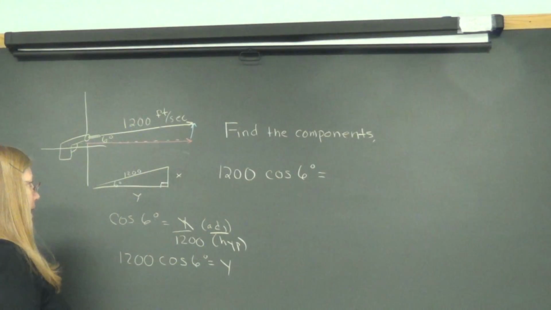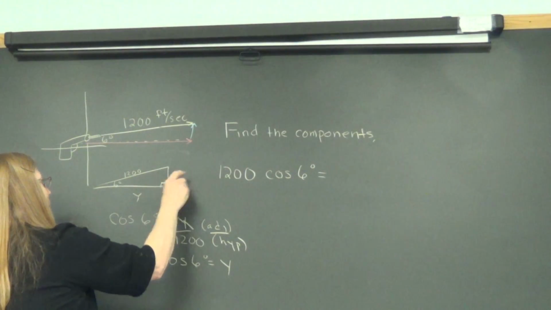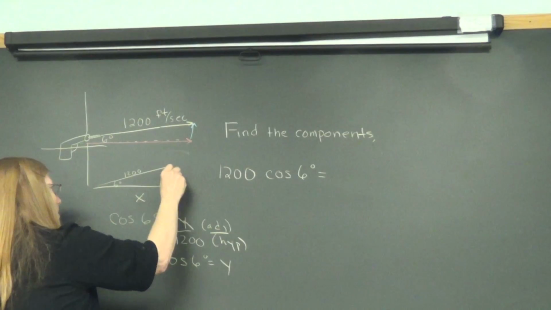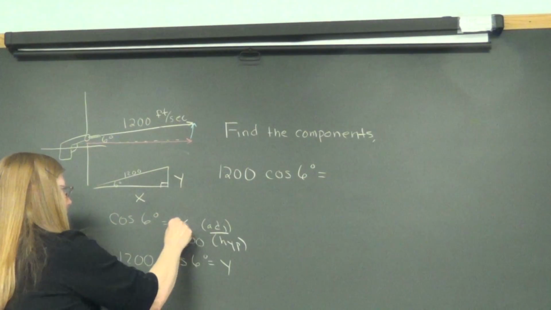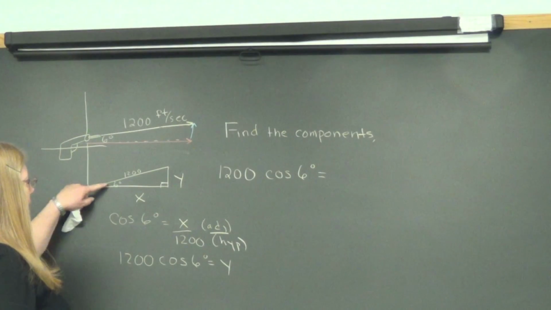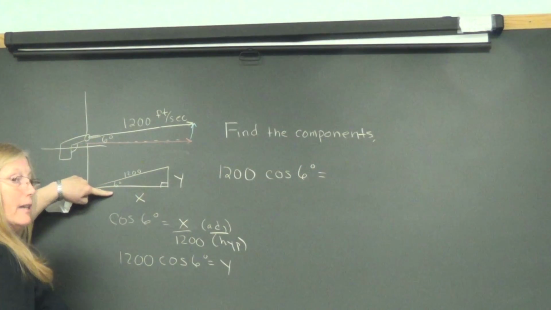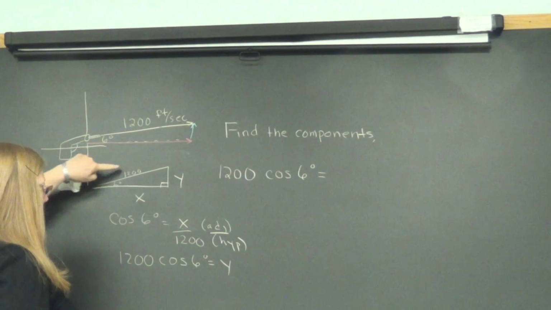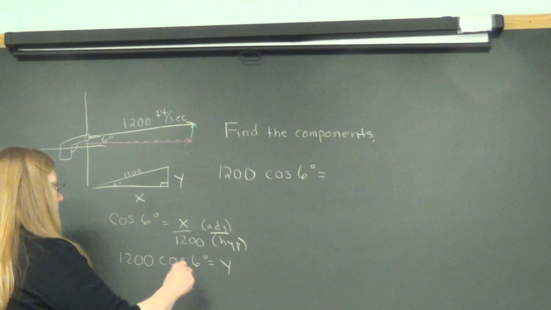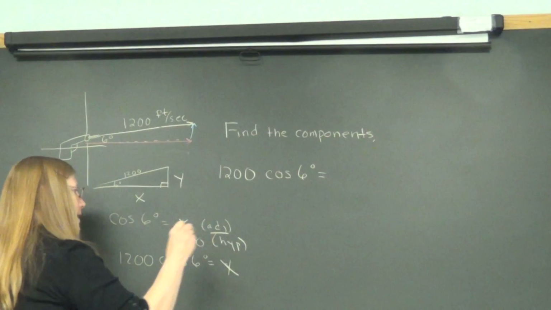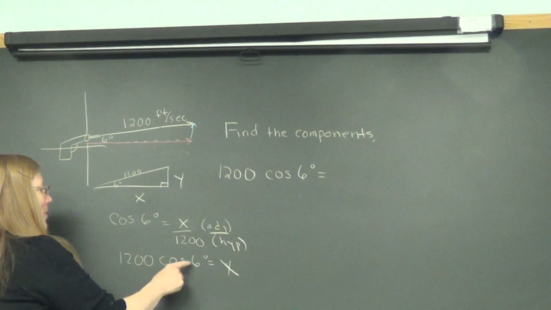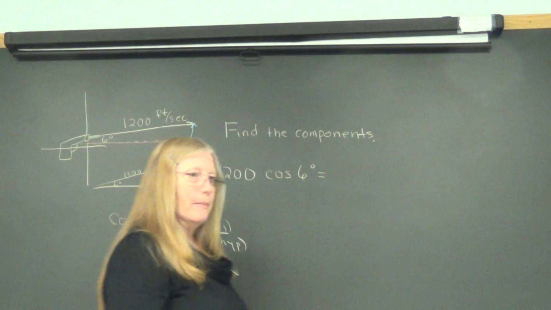I'm using cosine, it's always x. I got them written wrong here. X, y. All right, 2 hands up, put them down. All right, so we have cosine of 6 is adjacent, the x component over the hypotenuse 1,200, and solving for x, we get 1,200 cosine of 6 equals our x component.